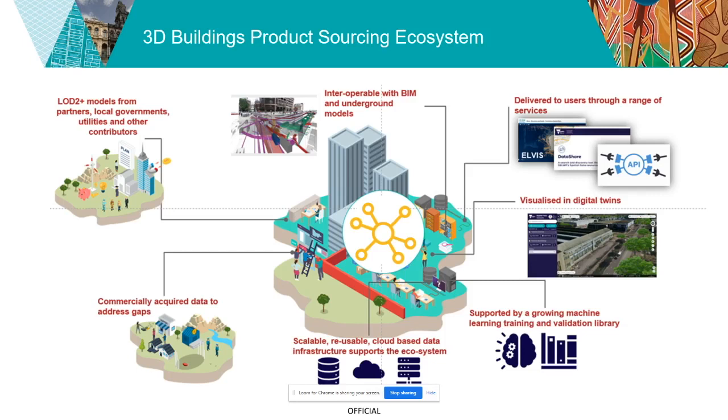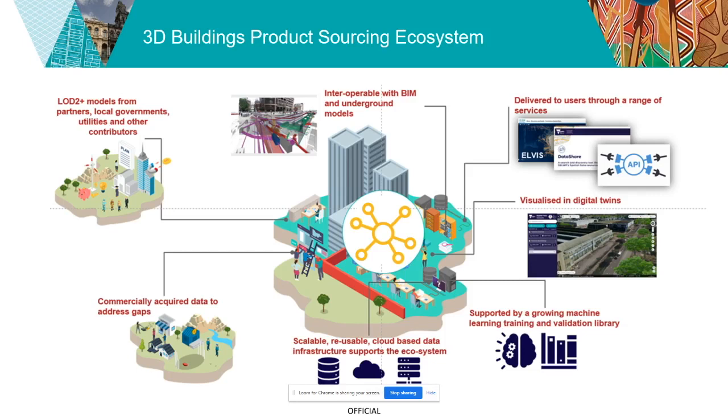Many local governments have been leading the way with providing their 3D city models as open data, but other state government agencies or big build projects are not. There needs to be a sharing ecosystem where state and local governments work together to fund the creation of 3D buildings, avoiding duplication of investment.